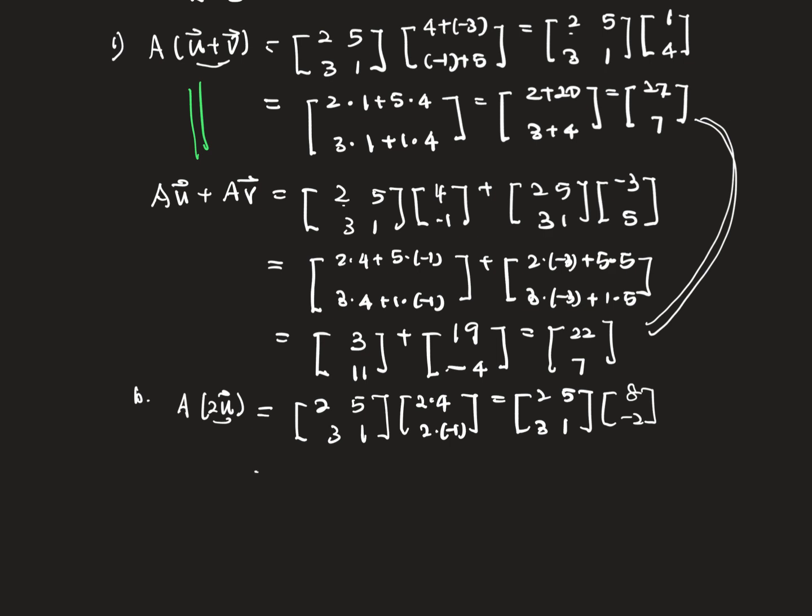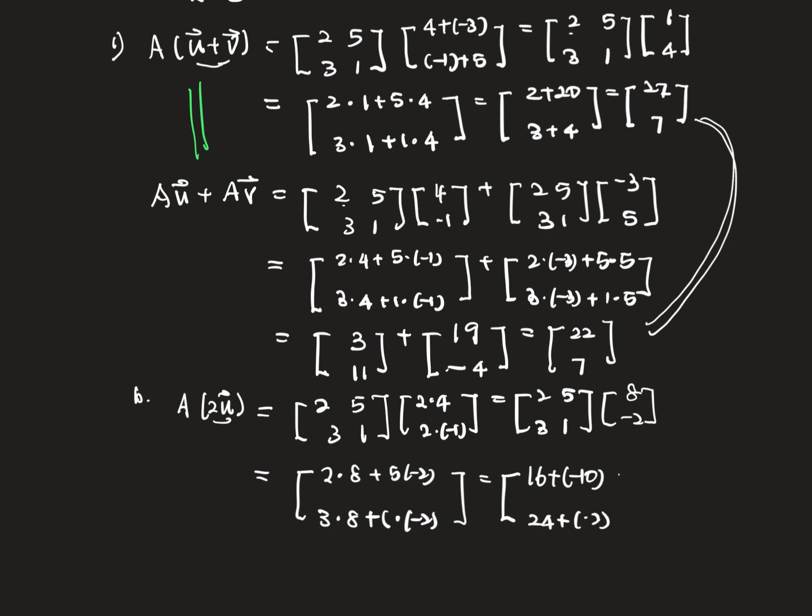So this is going to be what? This is going to be 2 times 8, 5 times -2. 3 times 8 plus 1 times -2. So you have 6 plus -10, 24 plus -2. That's going to be 6 and 22. That's how you find this product, right?